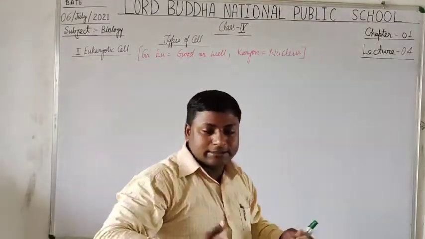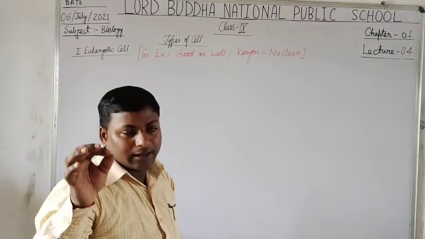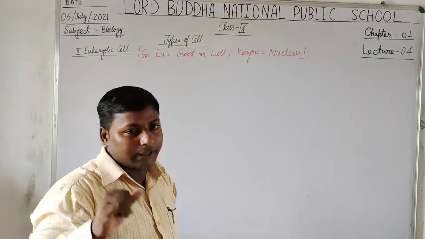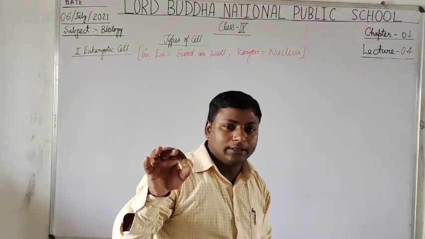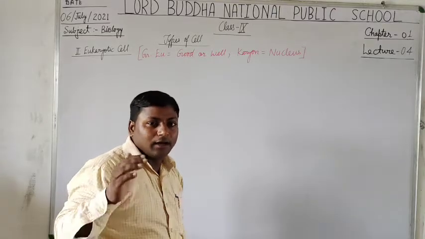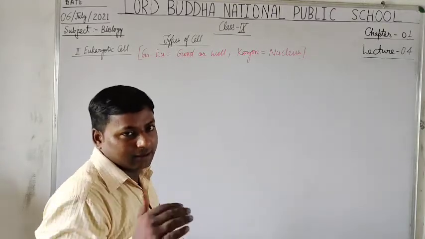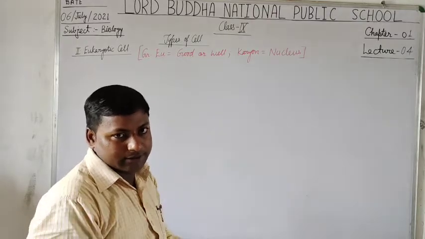Then what is a well-developed type of nucleus? The cell having a nuclear membrane. Yes students, the cell having a nuclear membrane, it means the nucleic material enclosed inside the nuclear membrane is called nucleus.